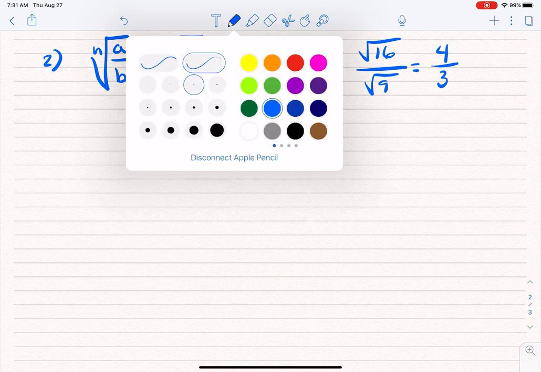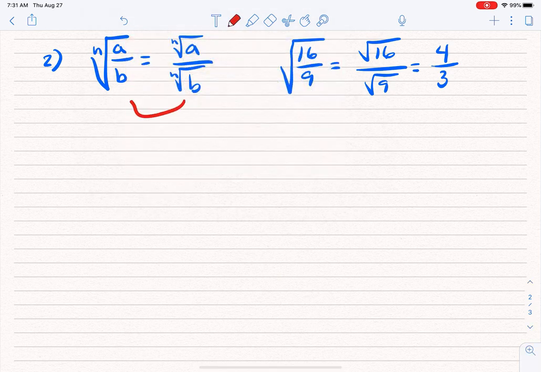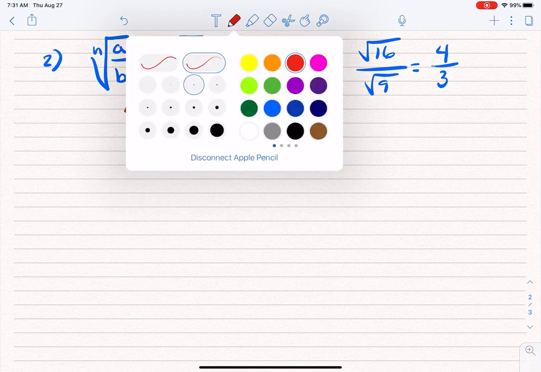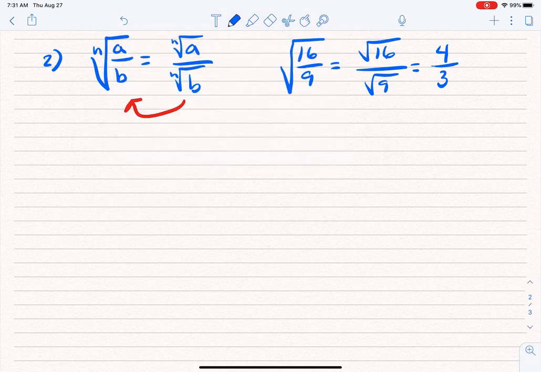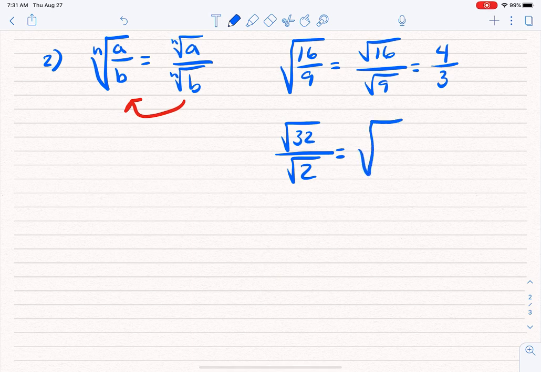But remember, just like before, you can go backwards. Okay, sometimes it makes more sense to go backwards, and it doesn't seem that way, but sure enough, it does. If I had the square root of 32 divided by the square root of 2, see, I don't know the square root of 32, I don't know the square root of 2, but when I put it all as one fraction and I get 32 over 2, that becomes the square root of 16, which is 4.